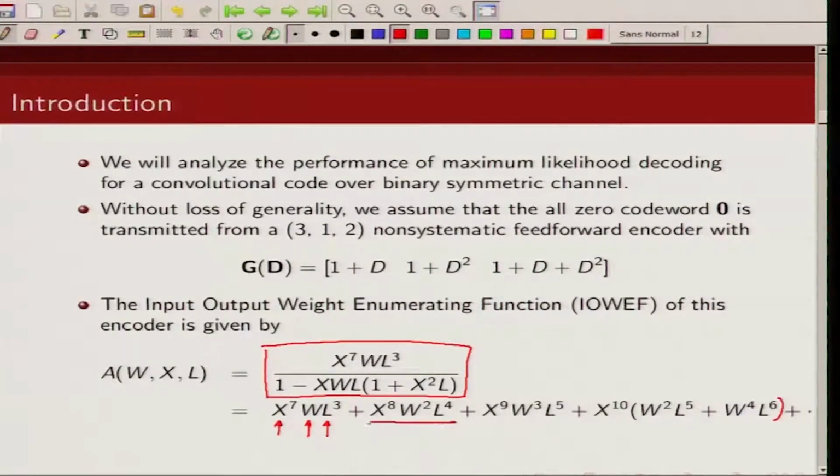This can be interpreted as there is a code word of weight 8 and corresponding input weight is 2, and it has length 4. So, you have your code word diverging from the all 0 state, and then after staying in some non-zero state, it is merging back into your all 0 state. This L denotes the time it takes to move away from the all 0 state and come back to the all 0 state.